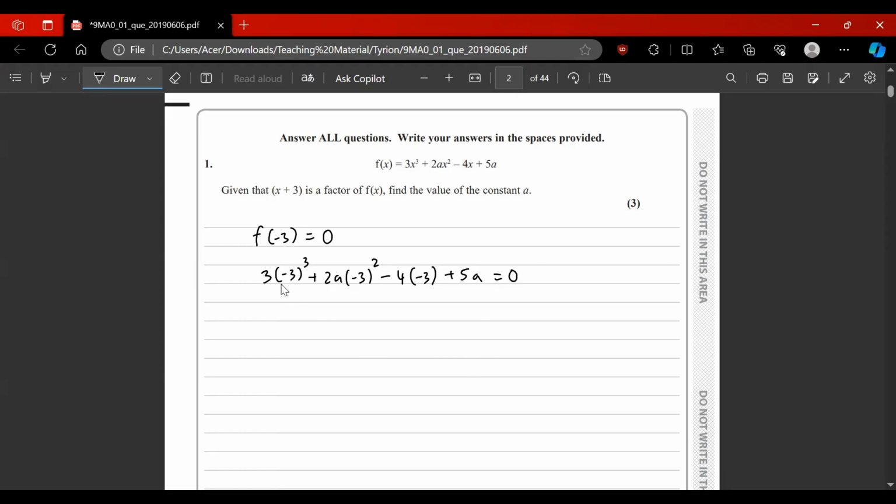This simplifies to minus 81 plus 18a plus 12 plus 5a is equal to 0. If you rearrange this, you should get 23a equals 69. Once you divide both sides by 23, you will get a equals 3. So this is how you answer the first question.